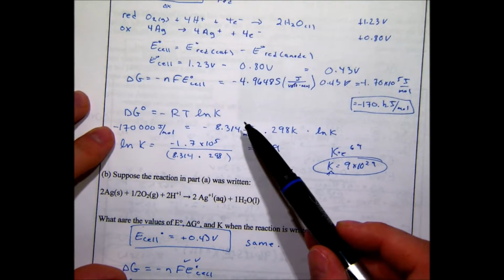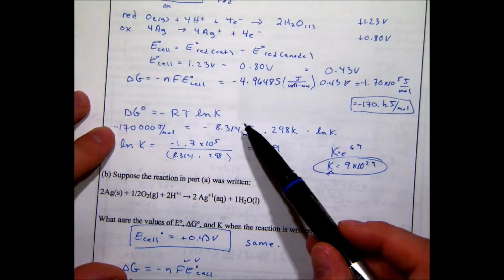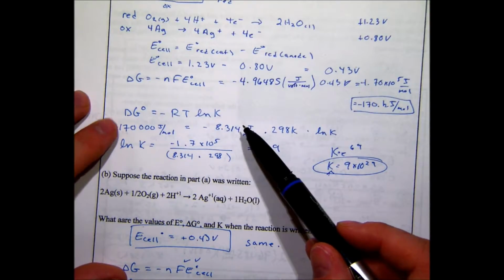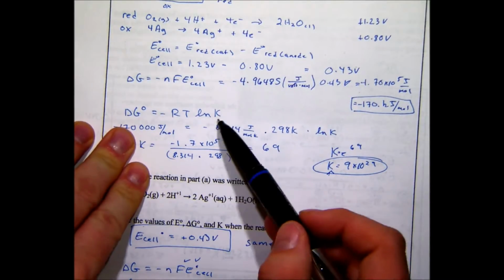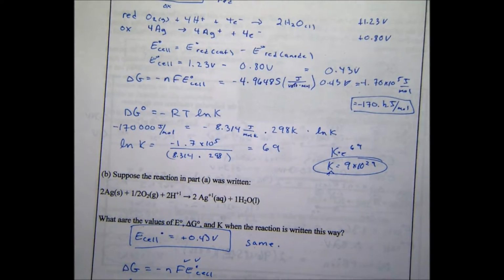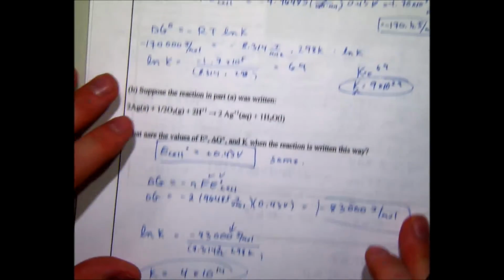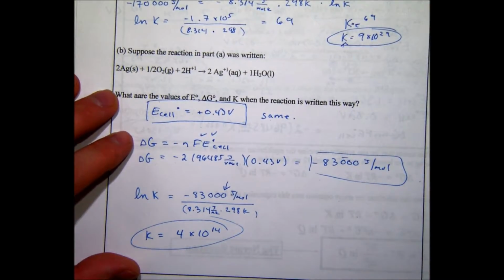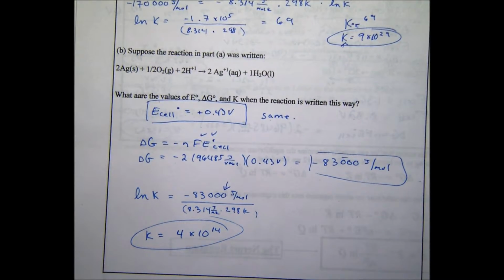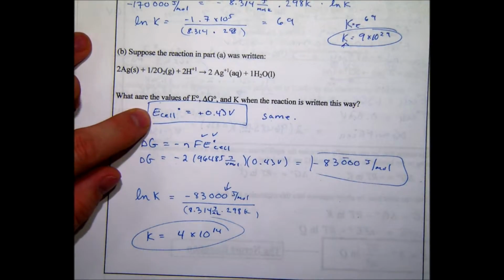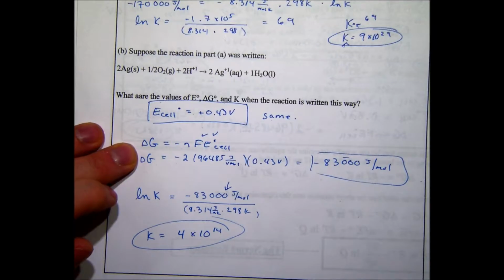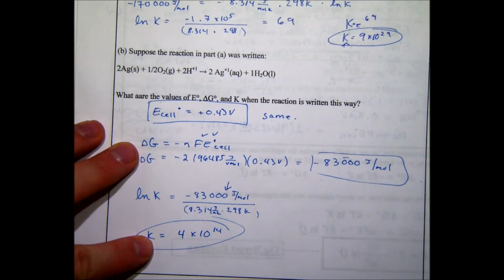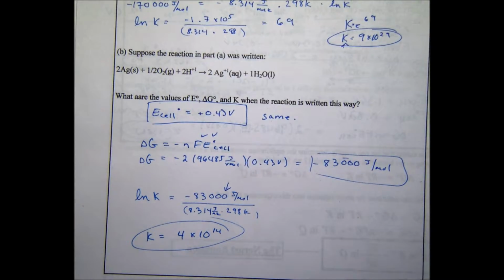We then used the equation from Unit 12 to calculate the standard free energy, to use the standard free energy to calculate the reaction constant, and we then looked at what would happen if we cut the coefficients in two, and saw that Ecell is unaffected; it's intrinsic. But delta G is affected because it's based on the number of electrons transferred, and of course that would affect K, which is based on that.